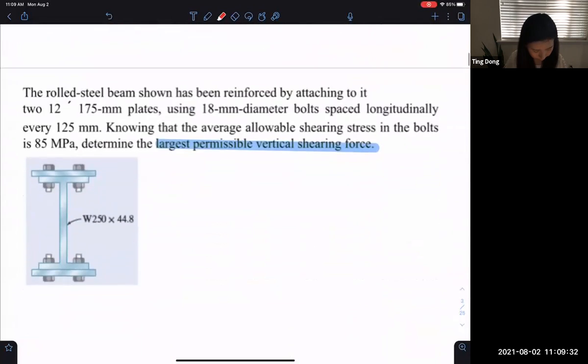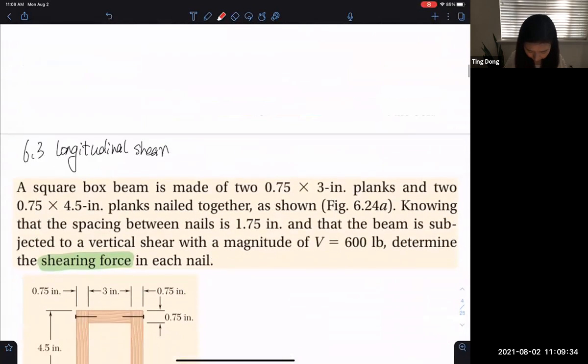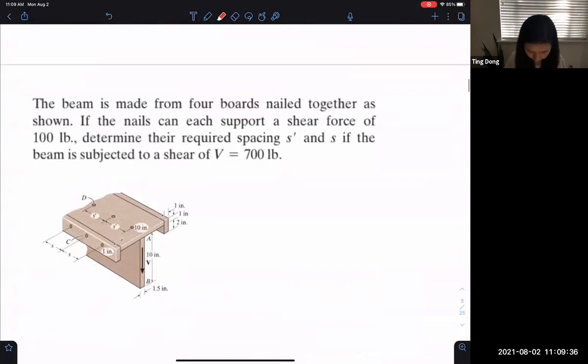And I think this is the homework problem, spacing S and S prime. So as you can see, we practiced this type of problem a lot in class, in the example problems and homework.